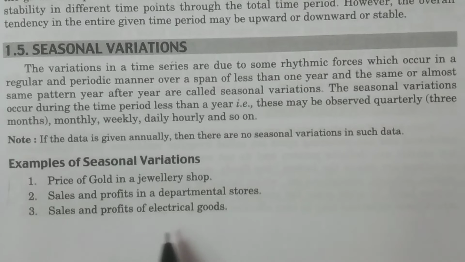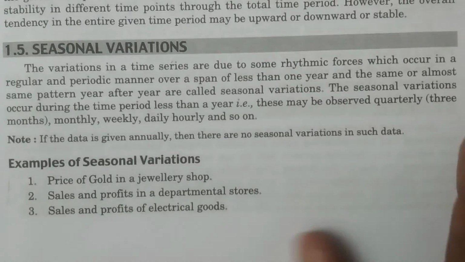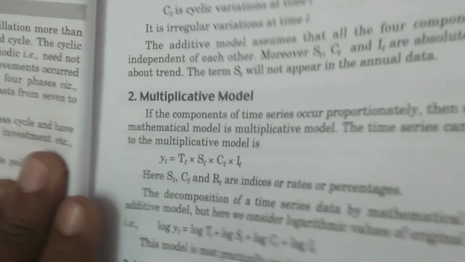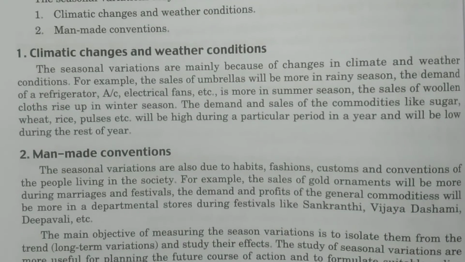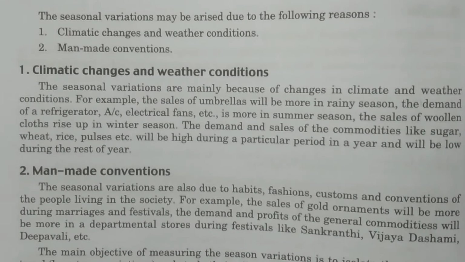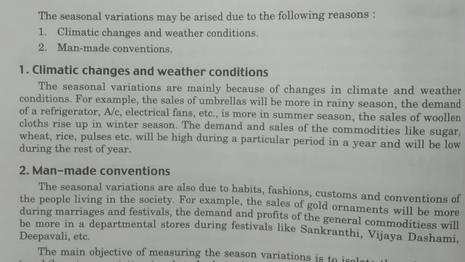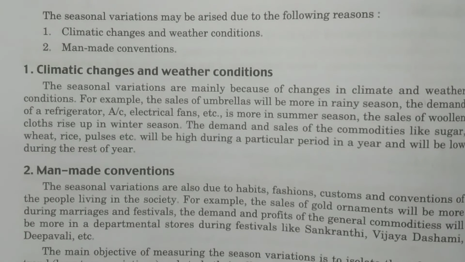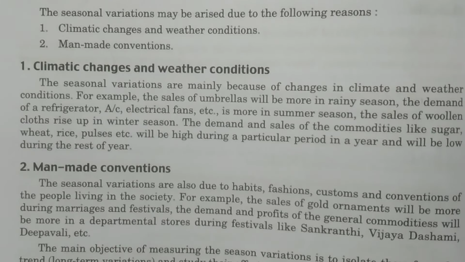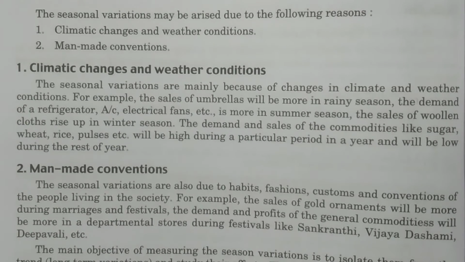The sales and profits of electrical goods: for example, electrical fans, the demand will be more in summer season. If you observe, we have many examples, and there are some kinds of patterns which can be identified, and in that fashion the variations can be observed.